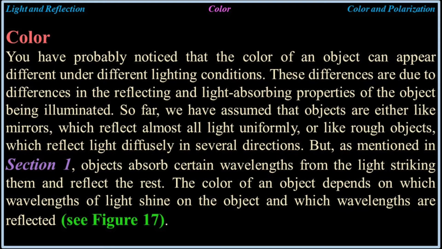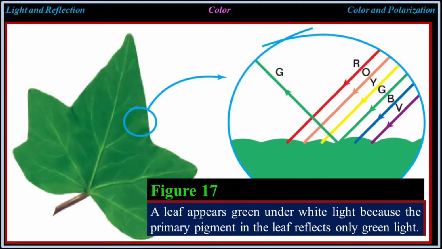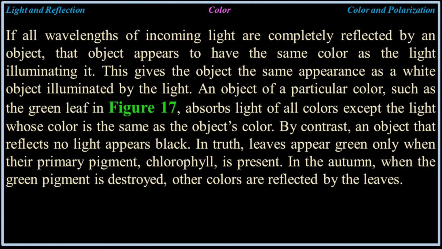The color of an object depends on which wavelengths of light shine on the object and which wavelengths are reflected. See figure 17. You can go back and see figure 17. I think actually that's going to be next, figure 17. Here's figure 17. The leaf appears green because it's reflecting the green light and absorbs others.